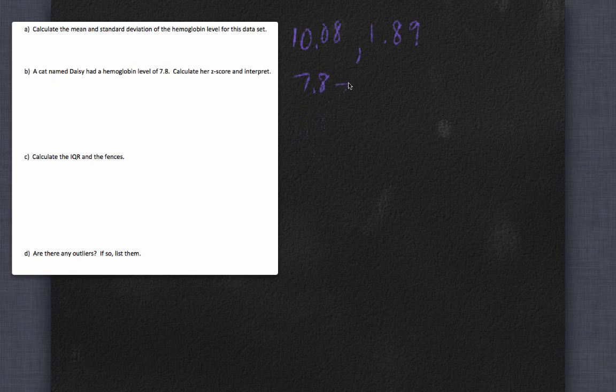So what you do is you subtract the mean and then divide by the standard deviation.